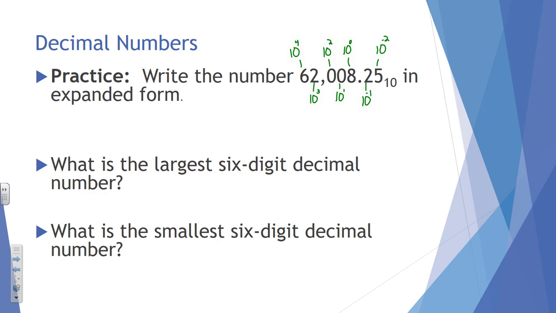So writing that number in expanded form, we have 6 10 to the fourths, 2 10 to the thirds, no 10 to the seconds, no 10 to the firsts, but we do have 8 ones, or 10 to the 0.